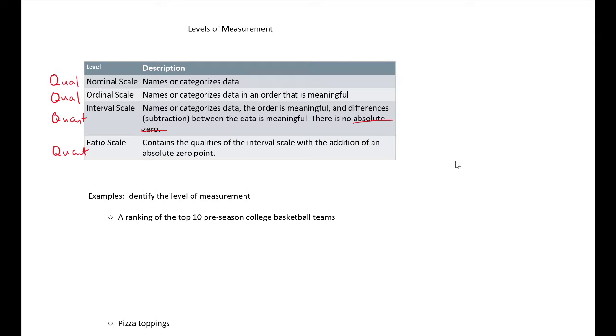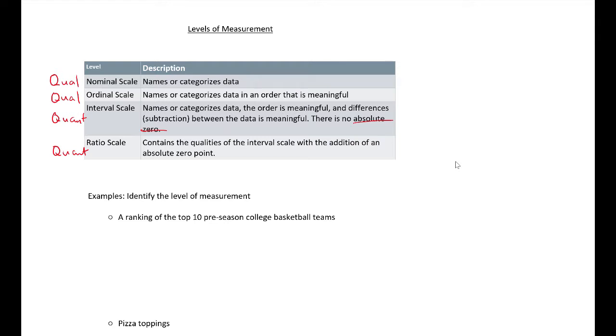An absolute zero means that the data set has a starting point, and you can't see me, but I'm putting that in air quotes, a starting point of 0. Meaning that you start measuring that particular quantity at 0. If you do not start at 0, that means you do not have an absolute zero, and what that means is that you have an interval level of measurement. However, if you start at 0 when it comes to that particular quantity of data, then you have what's called a ratio scale.